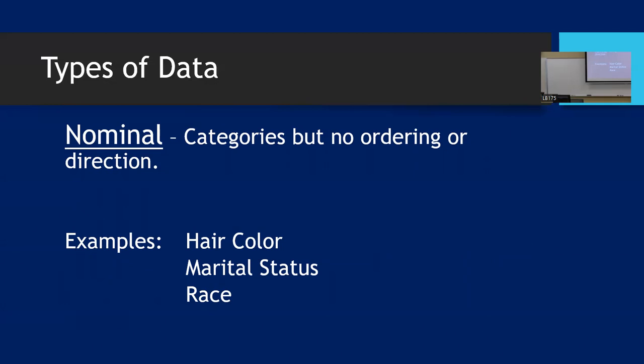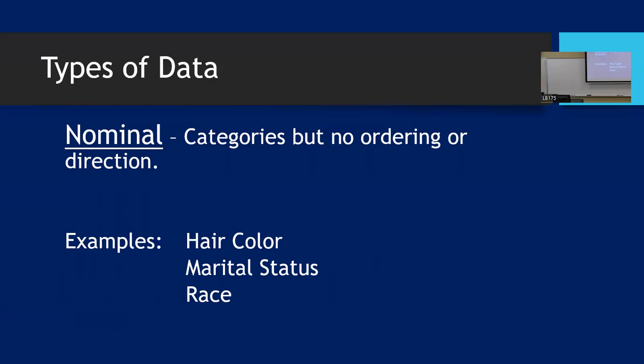So when you talk about, for instance, hair color, we don't think of one hair color being less than another hair color. Or marital status. One marital status we don't think of as less than another. One race less than another. We don't think that way, right?